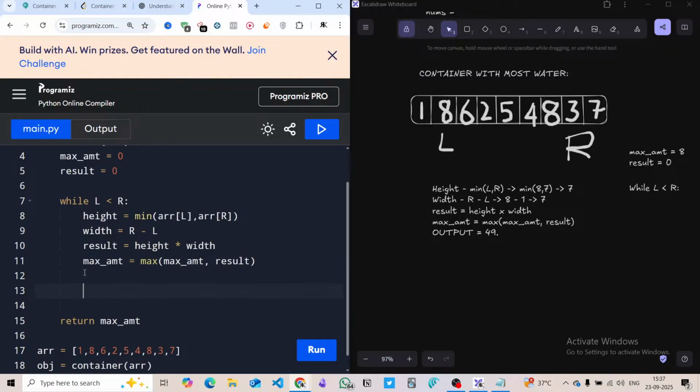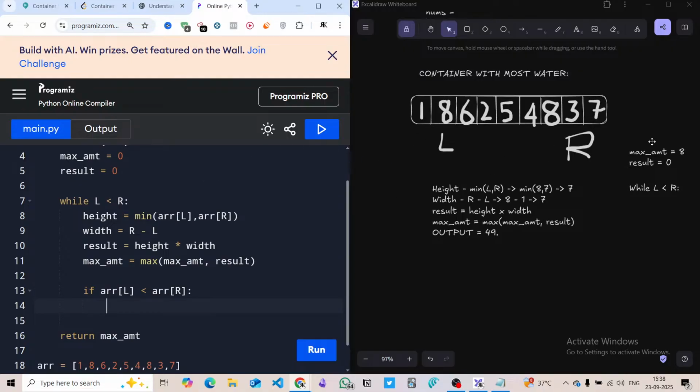I think we can do like this. If array of L is less than array of R, okay, so here this will be less than this one, right?